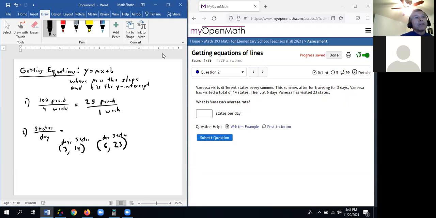So how could I figure out how many states per day? Well, let's see how much has changed. She went from 14 to 23. So I'm going to take 23 minus 14 to get how many additional states that she visited. And let's see how many days have gone by.